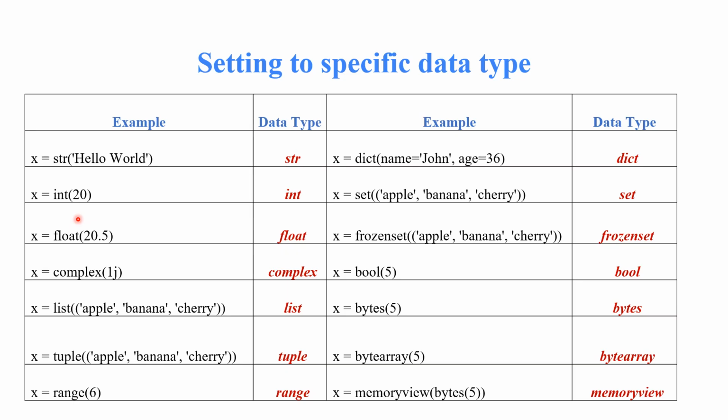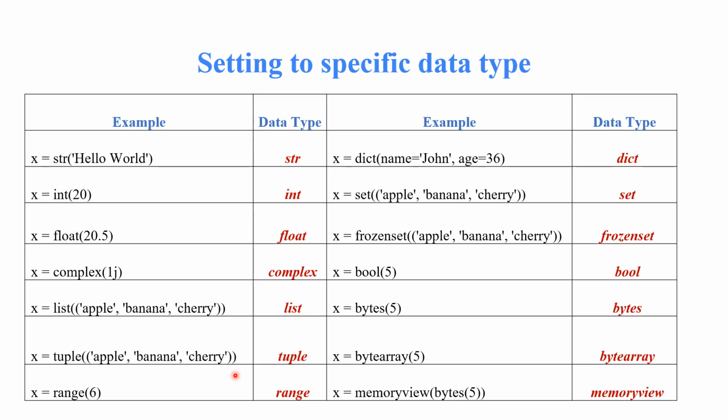Whatever data type you want, like float or complex, just specify the keyword in front of your data. Then that particular data will be of the specific data type. Now we can see list. Whatever values I want to make a list, I put them in brackets and then give the list function in front of it. Then it will be treated as a list.